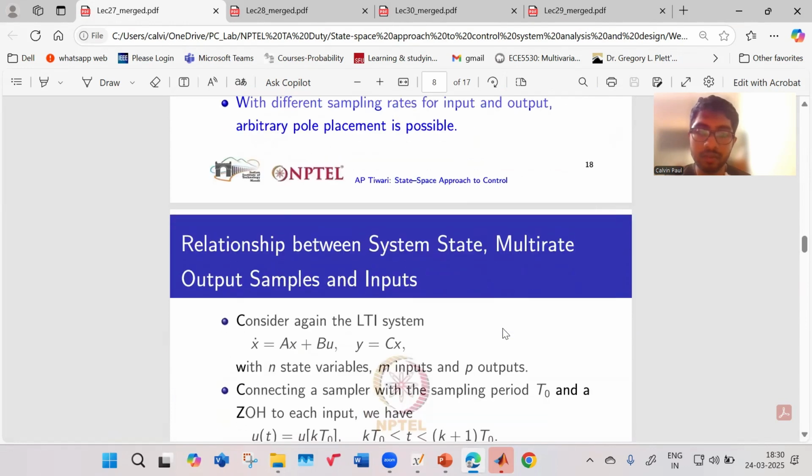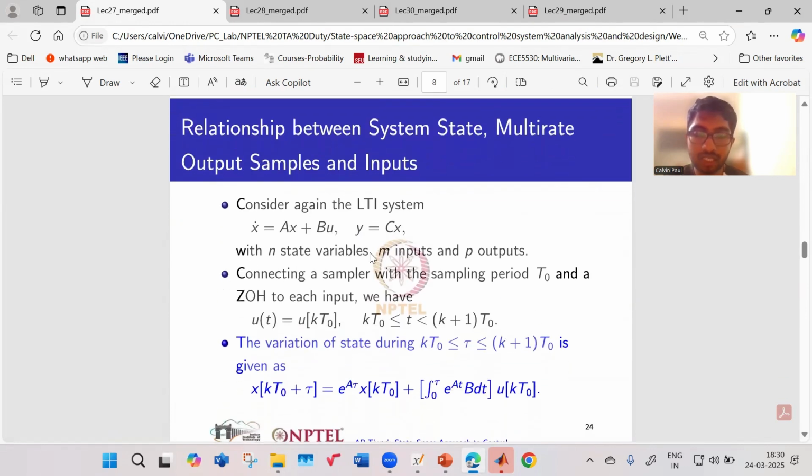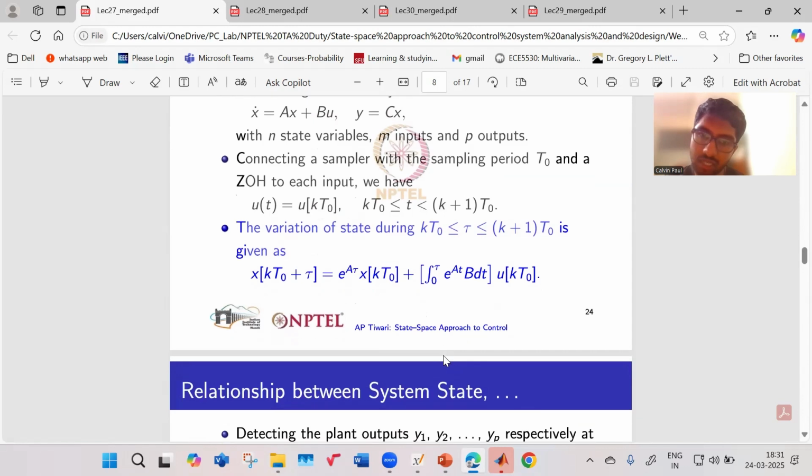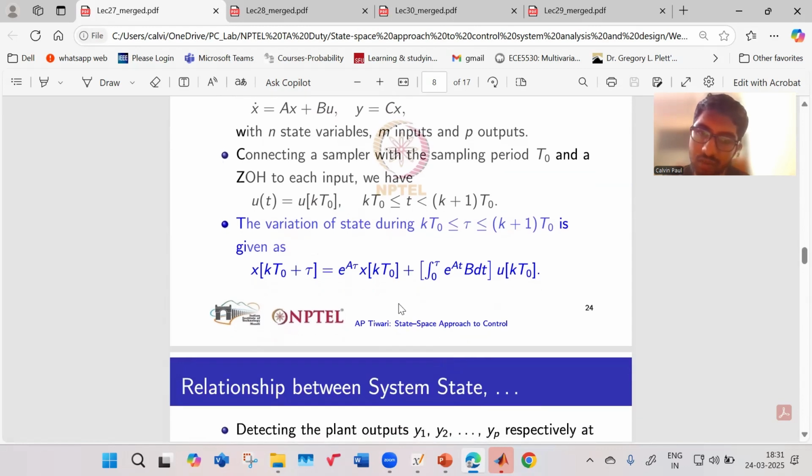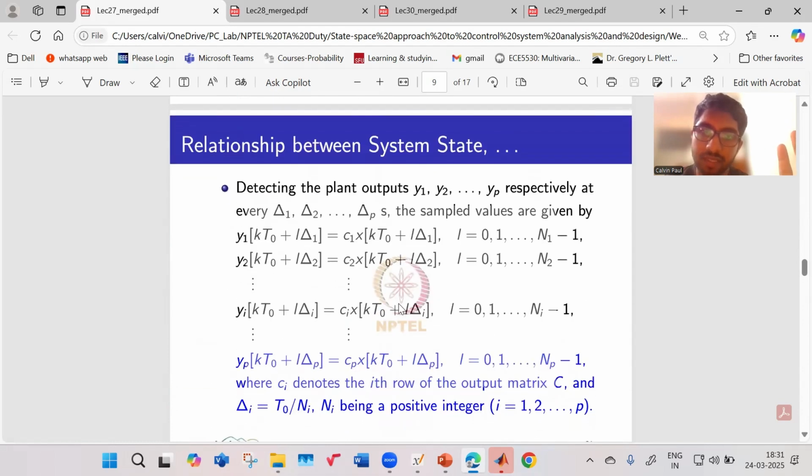So Sir has considered again a sampler with sampling period T naught and a zero order hold on each input. So the input in this case is a discrete value, and how the state changes based on this discrete value has been derived over here. This is how it is derived for that interval of time.